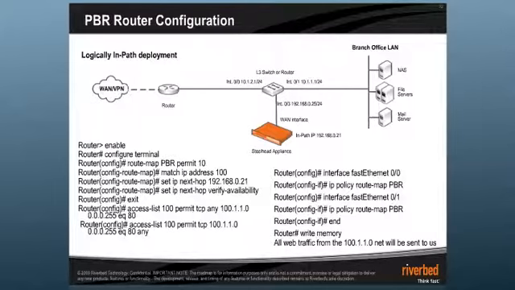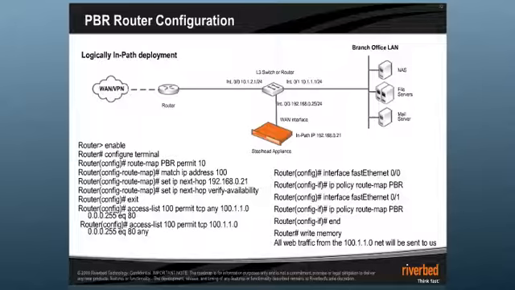Then we can set up an access list to permit TCP traffic coming from the 100.1.1.0 class C subnet over port 80 would be redirected, and the return traffic would also be redirected using these access lists.